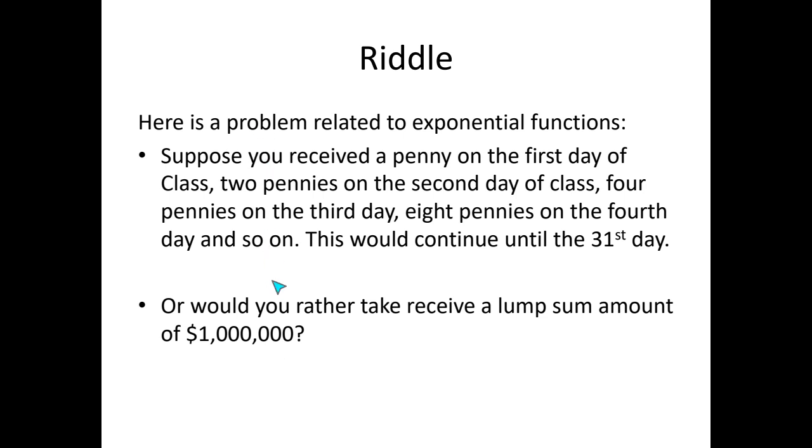So some of us would take the $1 million. It's not bad having $1 million right away, right? Some of you might be like, oh, I don't want any pennies. Why would I want a few pennies? What am I going to do with 8 pennies? I don't think I can buy even a candy with 8 pennies. But let's see what happens.